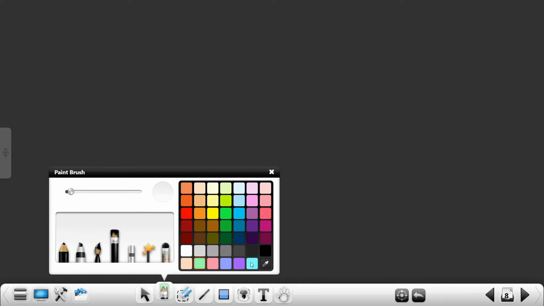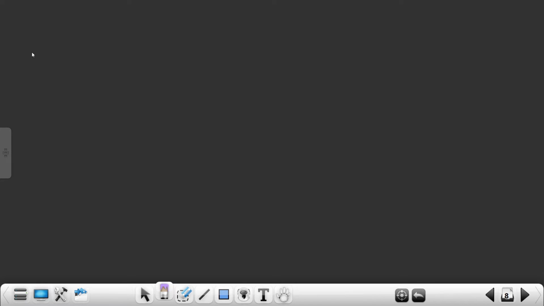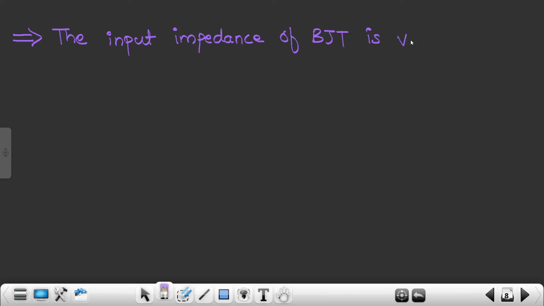Let me write over here: the input impedance of BJT, input impedance or input resistance, whatever it may be, of BJT is very less as compared to the input impedance of JFET.